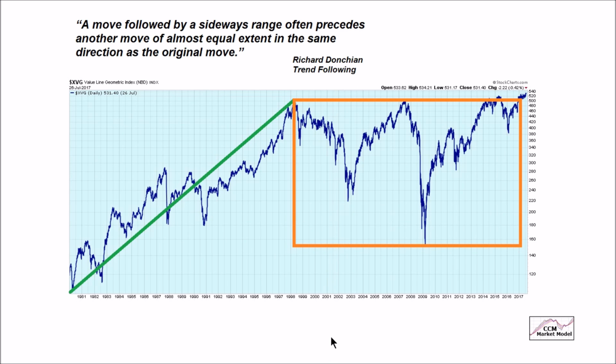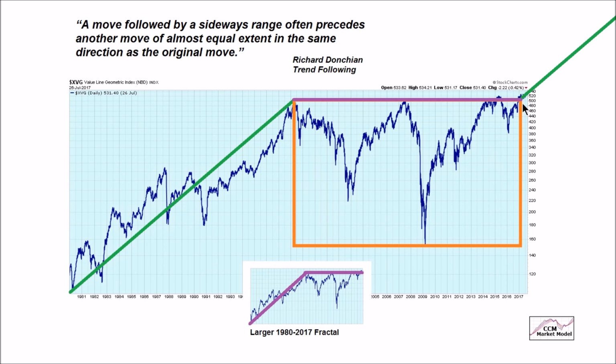If, and I emphasize if, hypothetically, this quote and these concepts apply, and it's within the realm of possibility that we could see, over a very long period of time and with lots of volatility between point A and point B, another move of almost equal extent in the same direction as the original move, which would mean moving this line over here. This move, this box, and this quote apply to our larger market fractal.